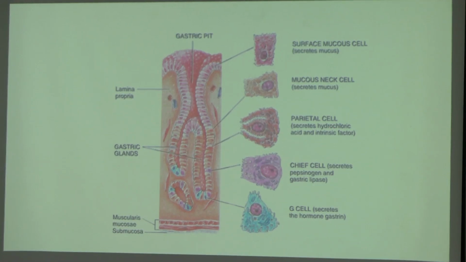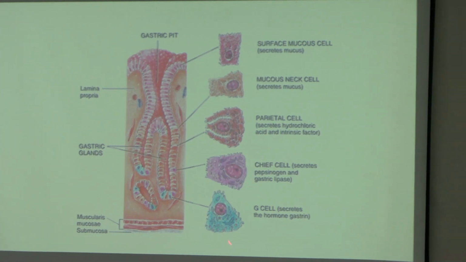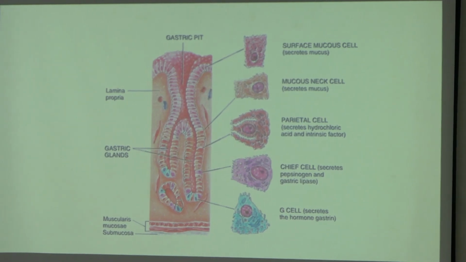They secrete hydrochloric acid and intrinsic factor. The intrinsic factor will help in absorption of vitamin B12. There are other cells that produce pepsinogen. These cells are called chief cells or peptic cells.